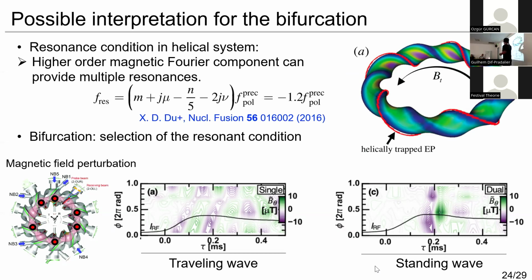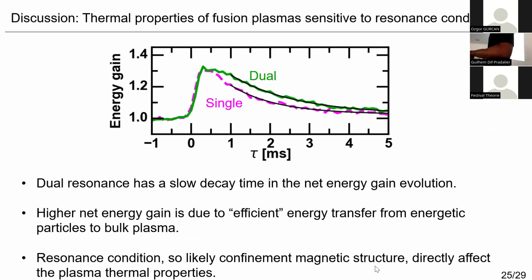But because of the geometrical factors shown here, this resonance frequency can be either negative or positive. So the bifurcation in this case is considered to be a selection of the resonance condition, due to the multiplicity of the resonance condition. So this is a discussion.